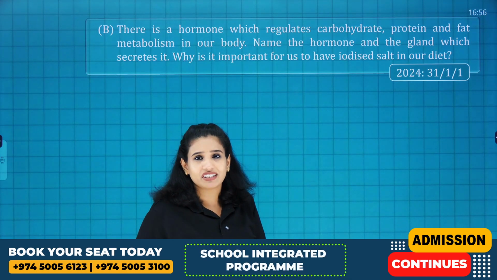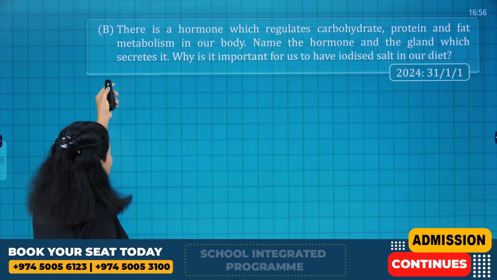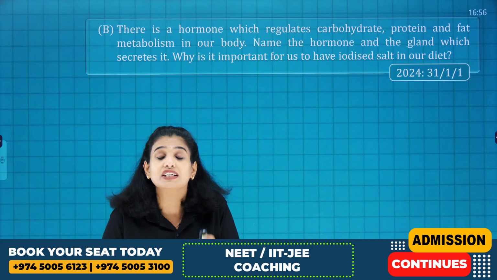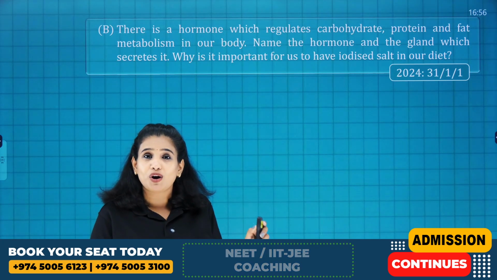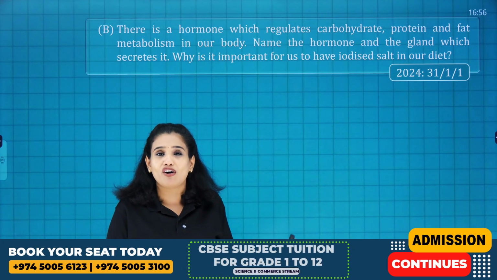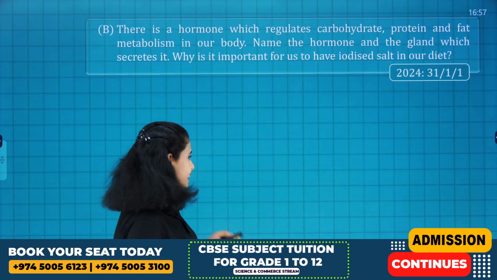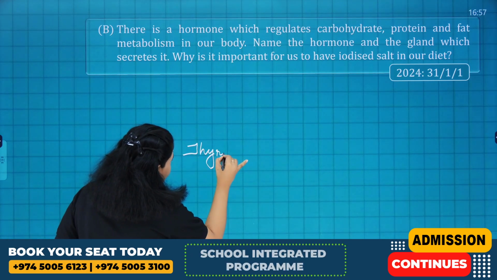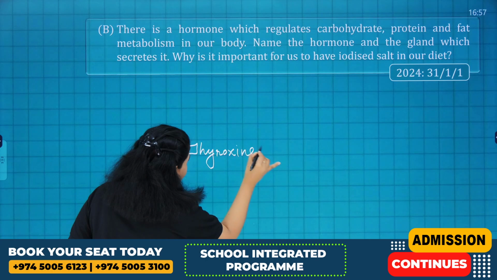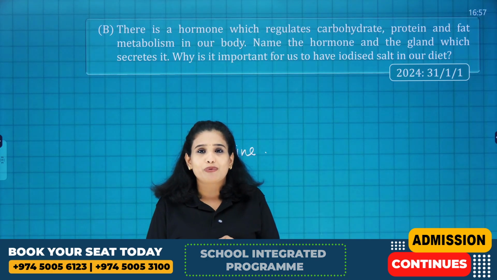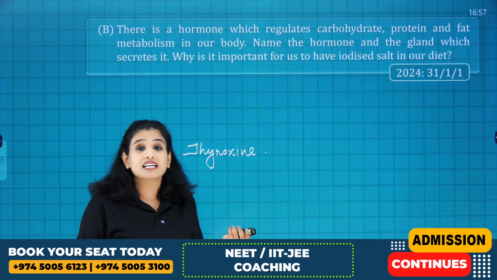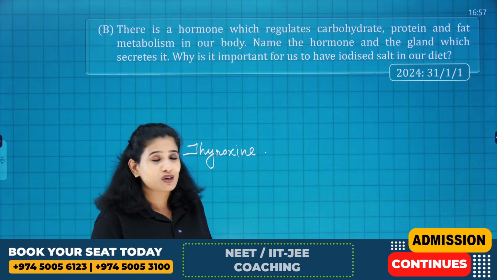So, let's see the first question. Which hormone helps in the metabolism of protein, fat and carbohydrate? We know that is thyroxine. And which gland secretes thyroxine?